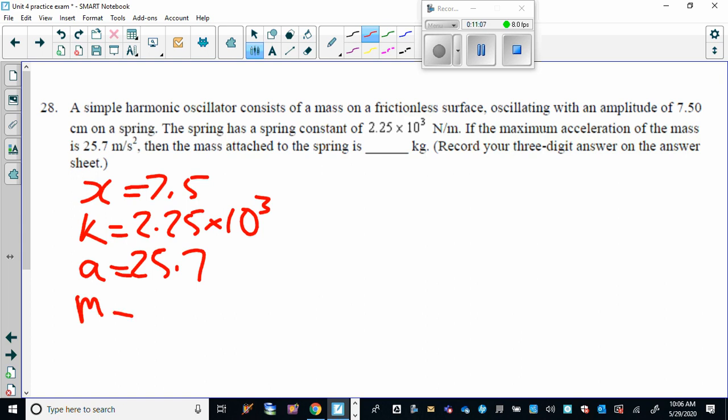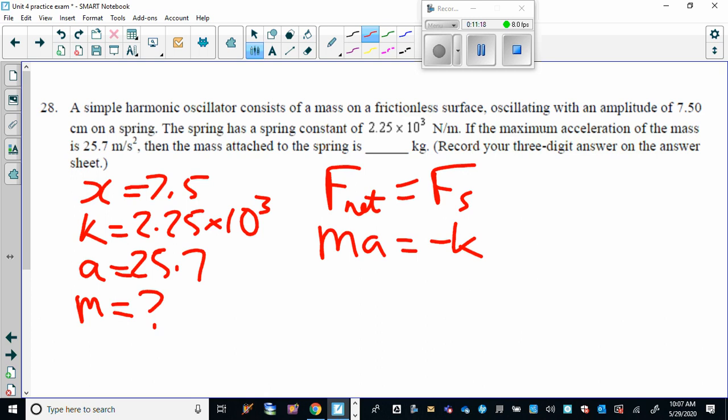And we want the mass. Right, we've done that question a number of times. Plug the numbers in, get the mass, and it turns out to be 6.57 kilograms.